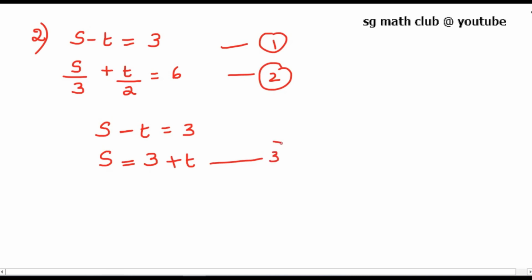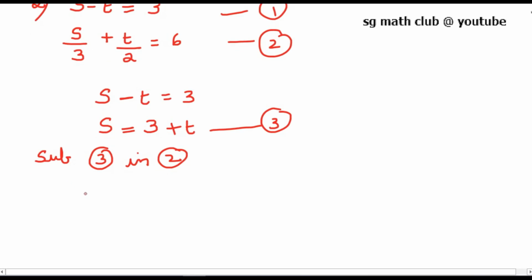Call this equation number 3. Now next step, substitute 3 in 2, because we have used the first equation to write s is equal to 3 plus t. So substitute the value of s equal to 3 plus t in the second equation.